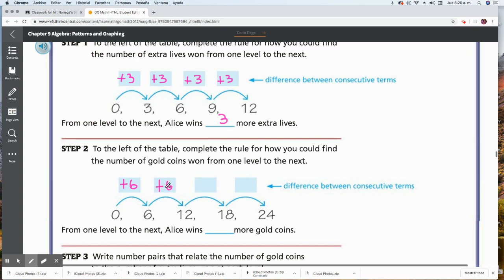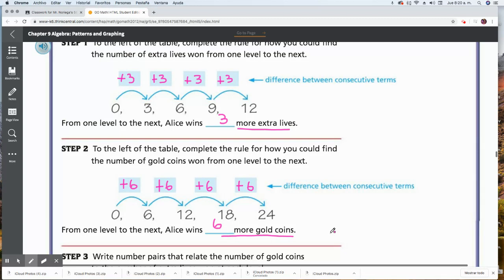So when the level increases, the number of gold coins increases by 6. This is what's happening in this pattern. From one level to the next, Alice wins 6 more gold coins. She gets 3 more extra lives, and then she gets 6 more gold coins.